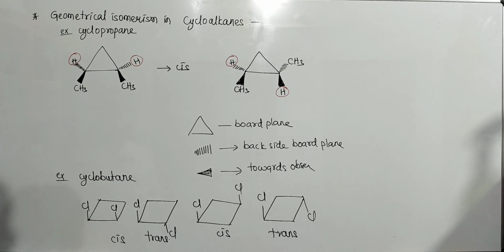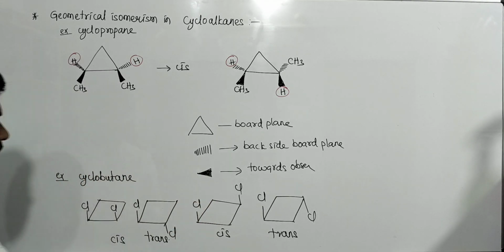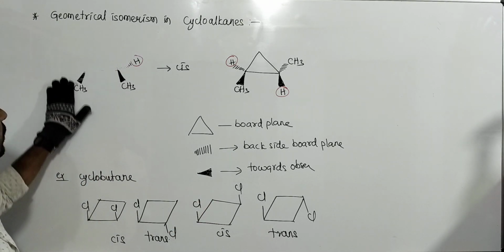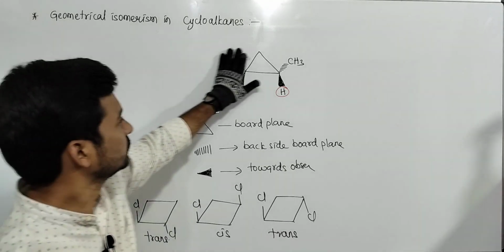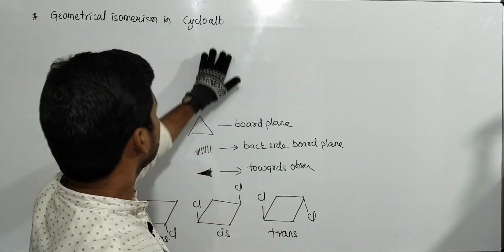Next, geometrical isomerism in cycloalkenes. Take this one first. Is it possible or not? We will see here.